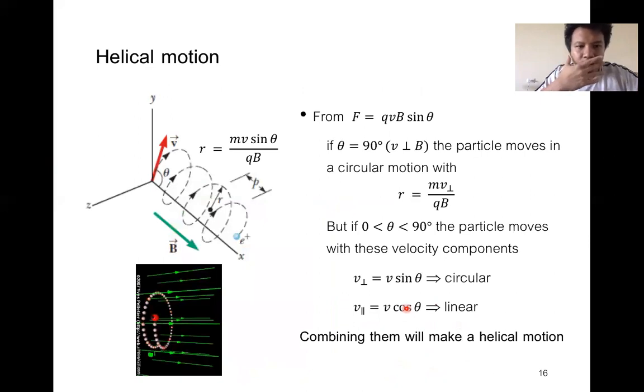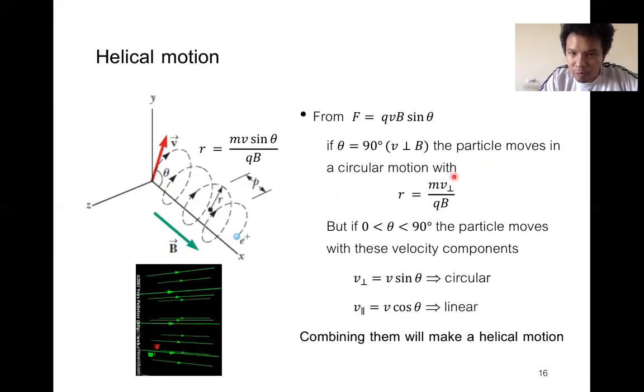Then for the helical motion, this is the case where we shoot the particle at an angle with the magnetic field. We get the same relationship as the case where the particle moves in the perpendicular direction.